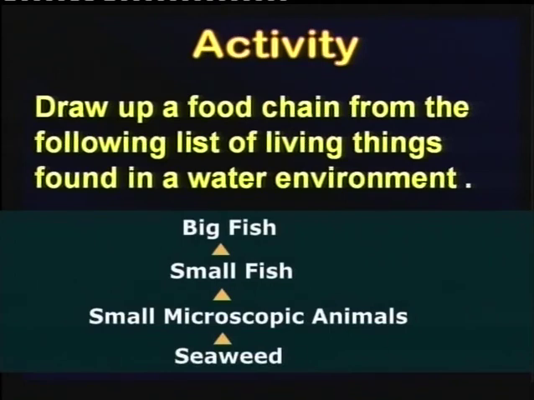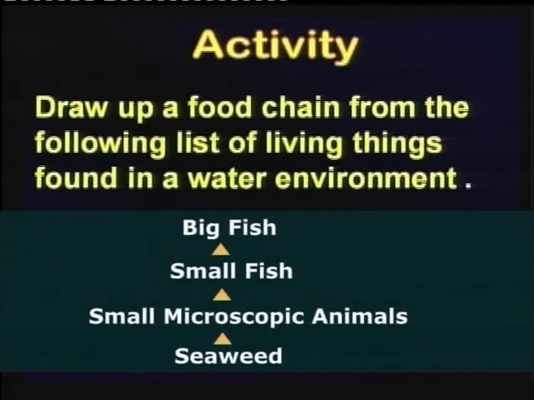Okay, so you are going to be drawing up a food chain just like what we did right after the cartoon and the one that Michael put up. Something similar to that.